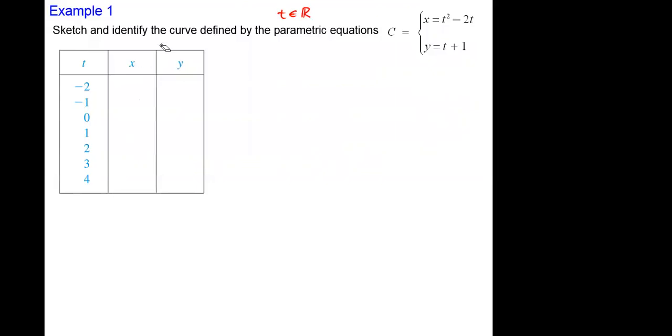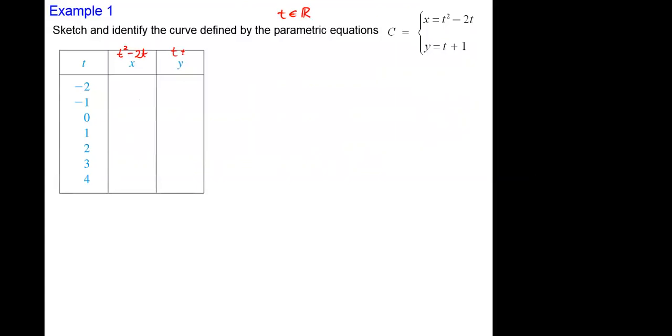And I will plot these points. That means it's relatively easy, almost like an Algebra 1 class. Okay, look at my arithmetic and help me if I make some mistake. I will take -2 and substitute. X is defined as t squared minus 2t.